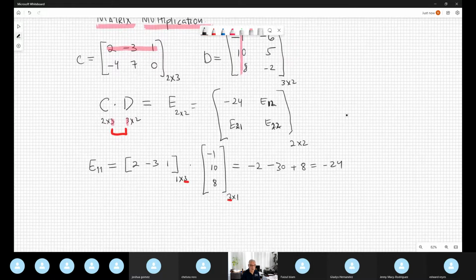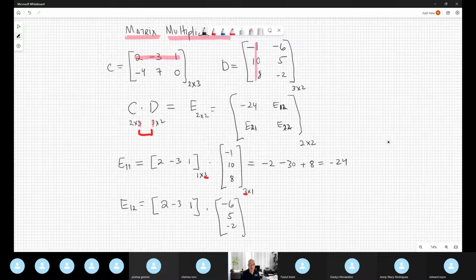Suppose I want to find A12. It's similar. You multiply again this first row, written without commas, which is the notation without commas, by now the second column, -6, 5, and -2. Let me use a color to emphasize this idea. You multiply this times this.